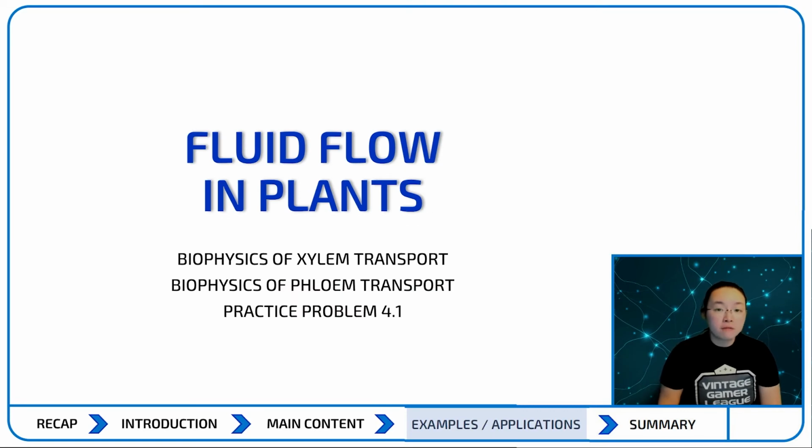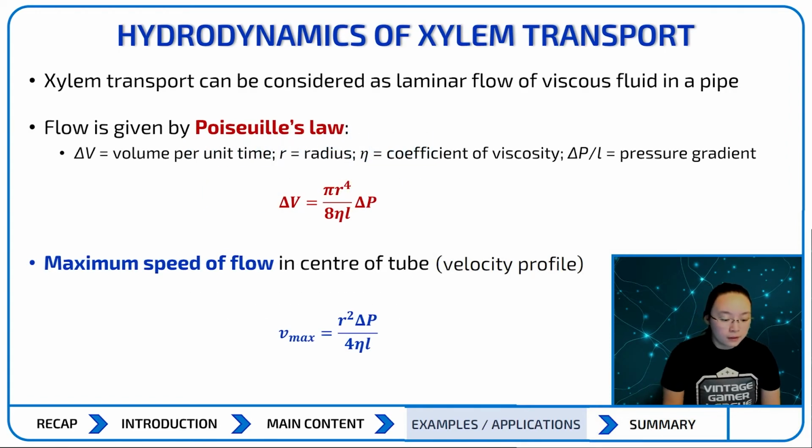Okay, so we have the equations from our hemodynamics chapter, and we know what the structure of xylem and phloem are like. So now it's time to actually look at fluid flow in plants and see if there's a way to model them using the equations that we know. First of all, we want to ask which equations we can use to describe the flow of water in xylem transport.